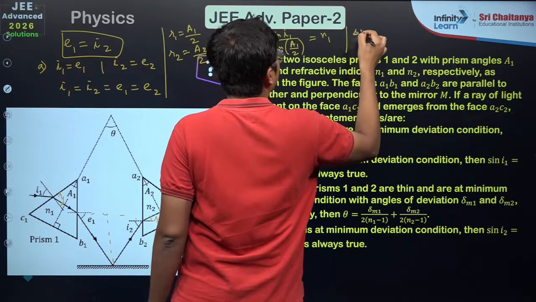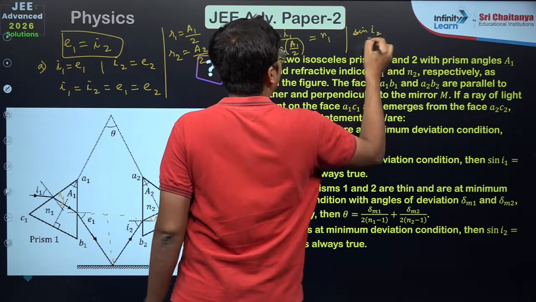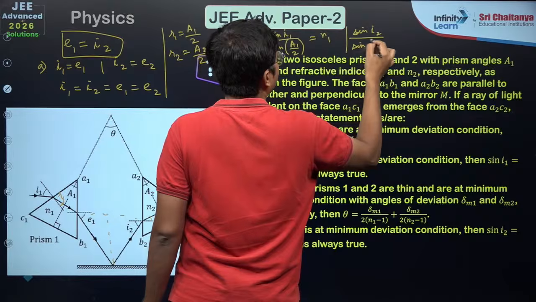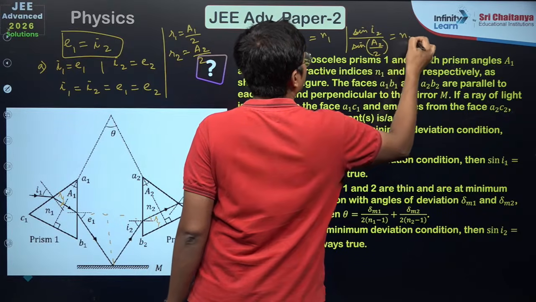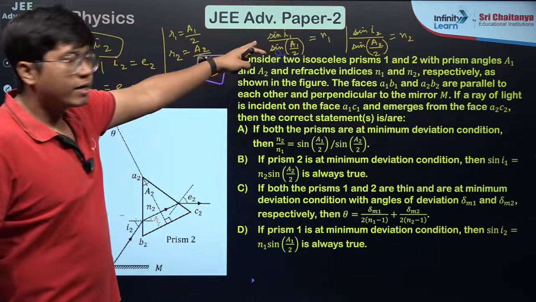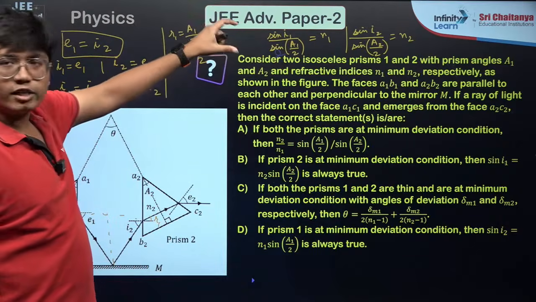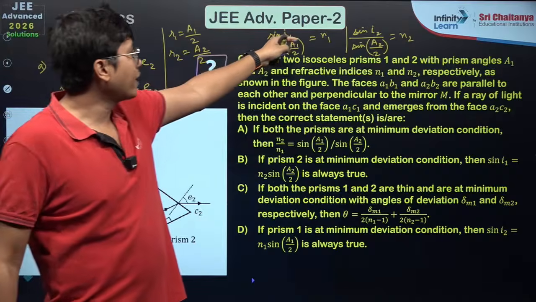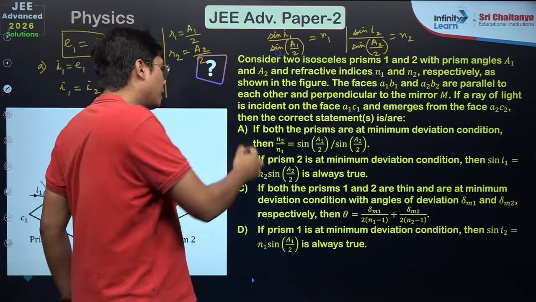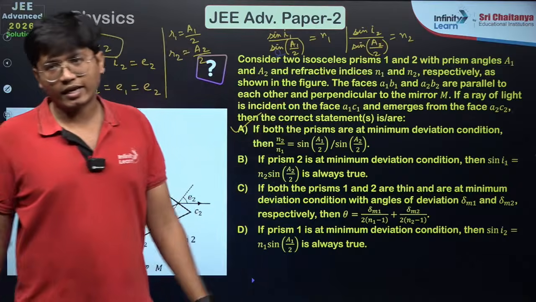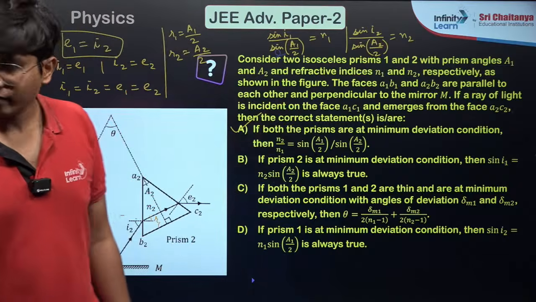Same way I know sine of I2 divided by sine of A2 by 2, because sine of R2, that is N2. Once you take a ratio of both of them, remember I1 is equal to I2, sine I1 and sine I2 will cancel, and you will eventually arrive at getting this answer as correct.